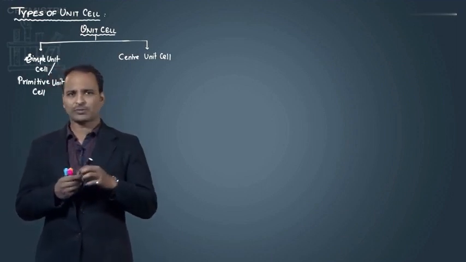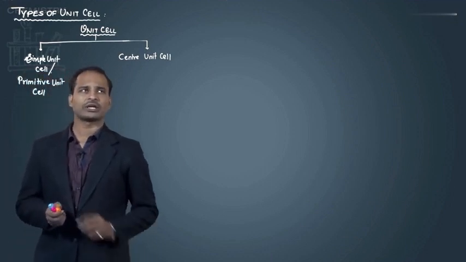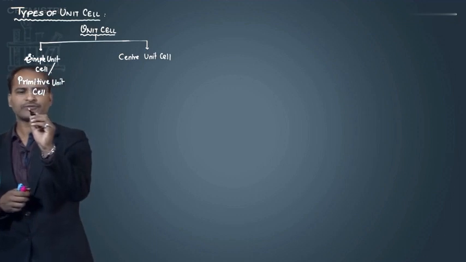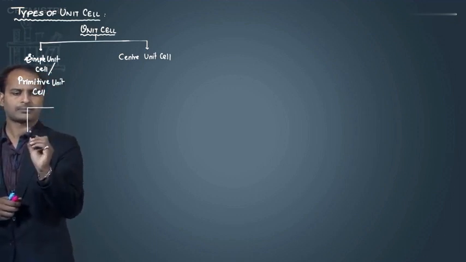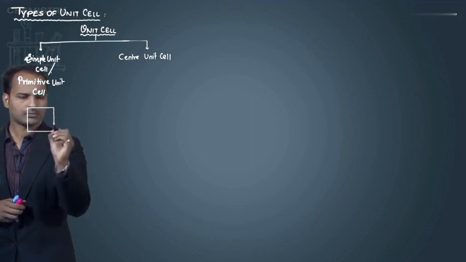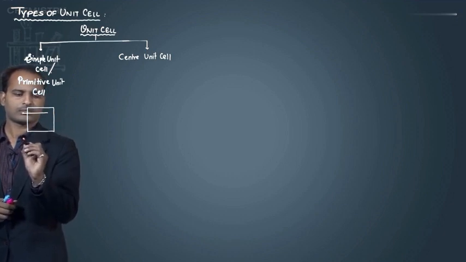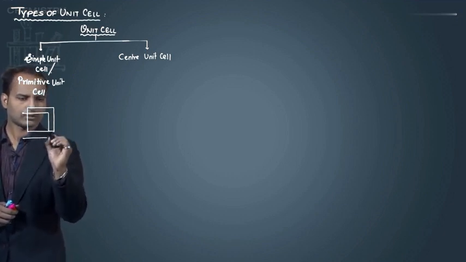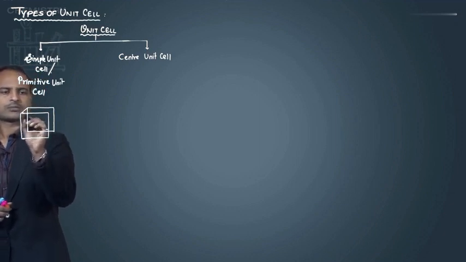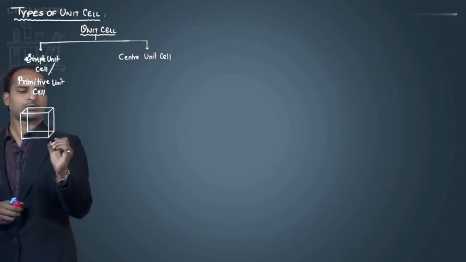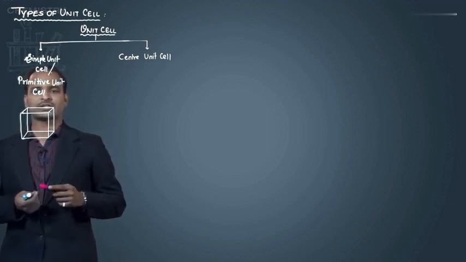But before this, let's take the simple unit cell. In a simple unit cell, as I said, the particles are present only on the corners.